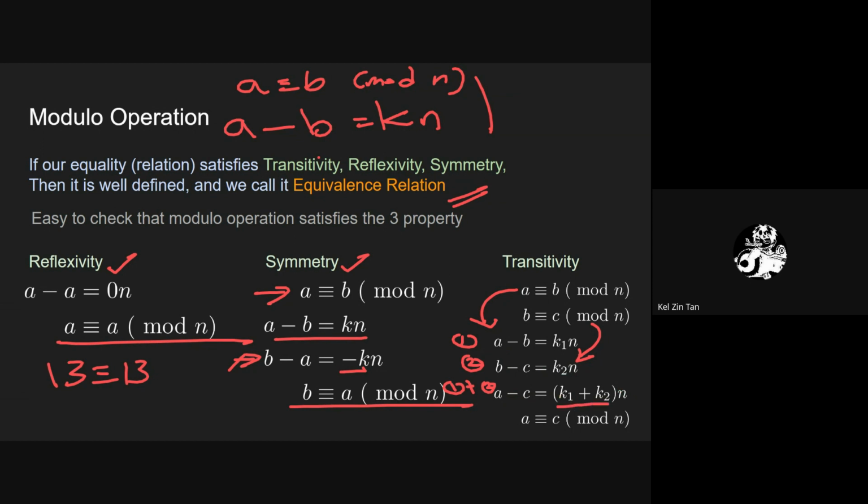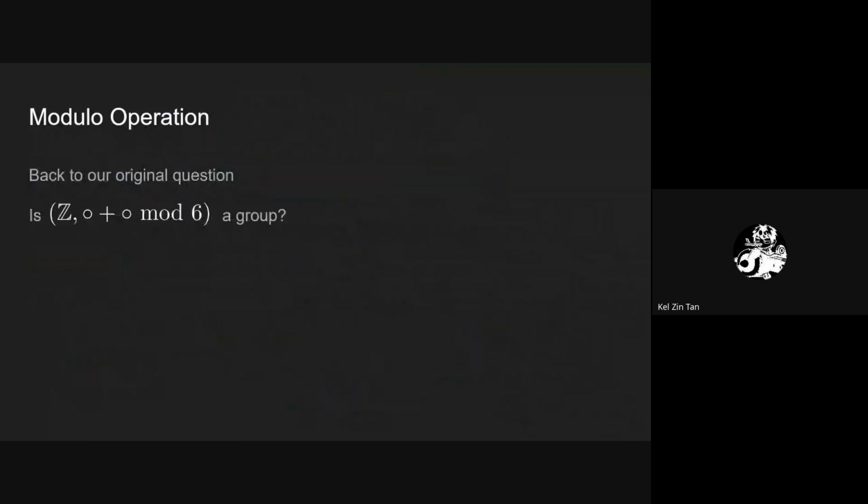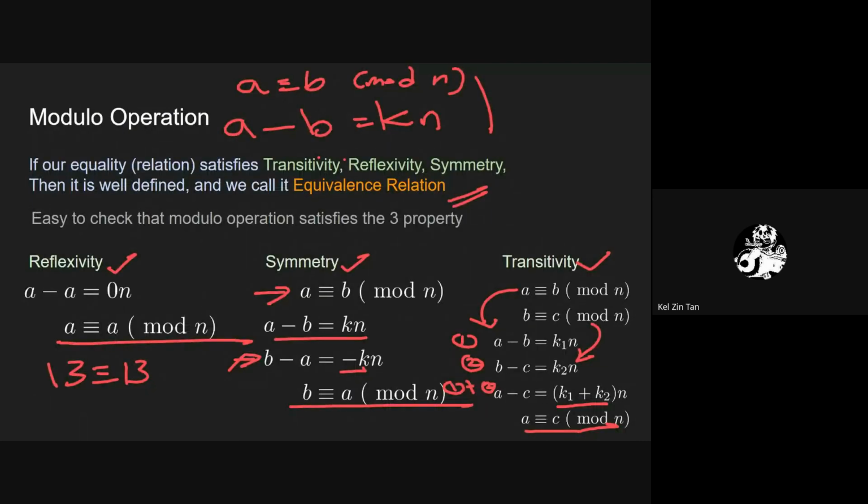And k1 plus k2 is still an integer because k1 is an integer and k2 is an integer. So we can conclude that A is congruent to C modulo n. So transitivity is satisfied. So we prove that the modulo operation satisfies all these three, and modulo is an equivalence relation.